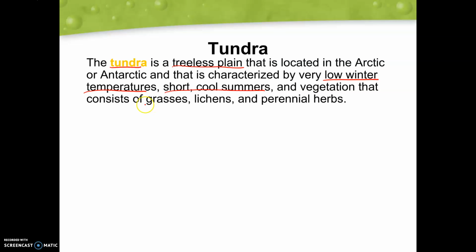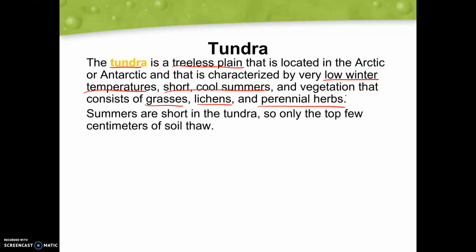For vegetation, we're going to see grasses, lichen, and perennial herbs. Summers are so short that only a few centimeters of that soil thaws in the summertime. So it doesn't leave a lot of wiggle room for different plants to grow, which is why plants here are going to be pretty highly specialized.